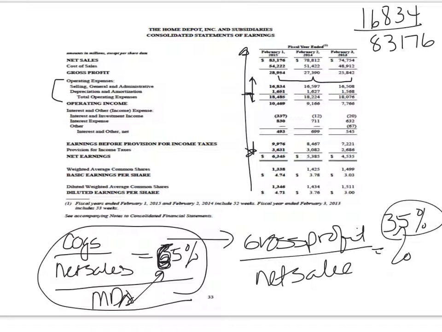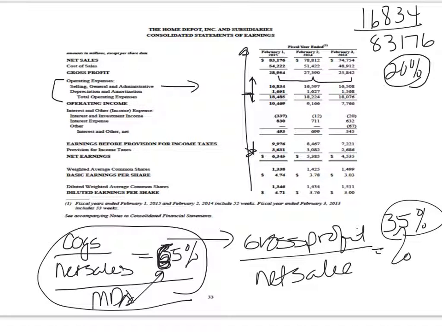And so what that means is that 20 cents of every dollar is used on selling, generally, and administrative.